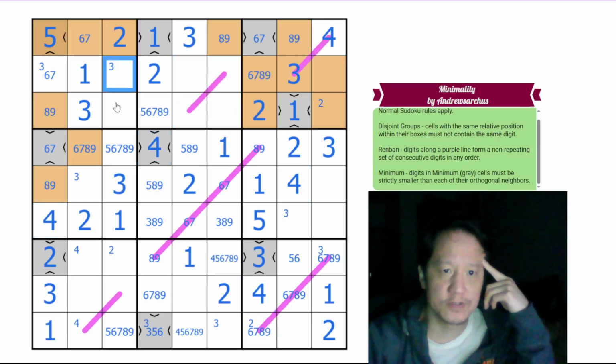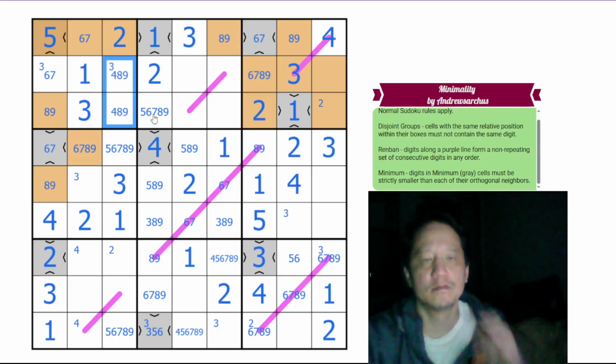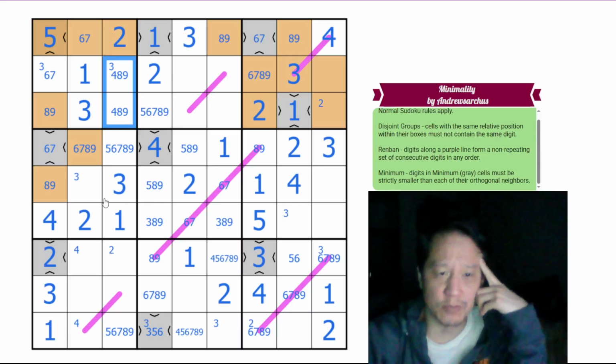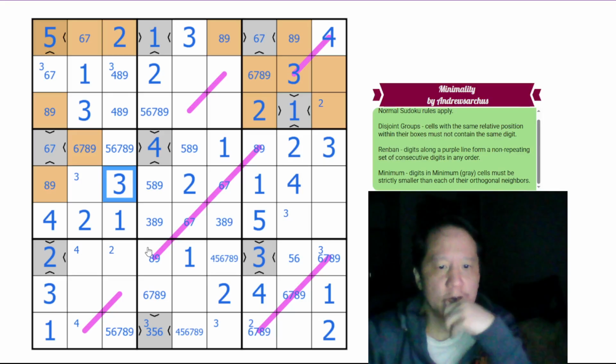Four is one of these 4. Okay, so this is 4 with 8 or 9. Okay. I mean, this looks like it actually could work. Huh.